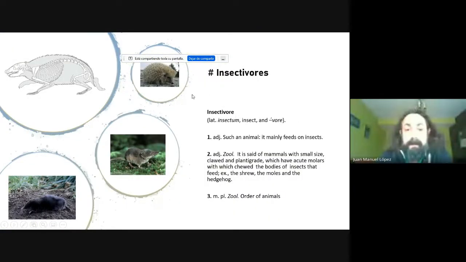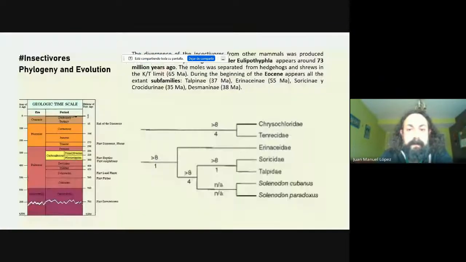This is the definition of insectivore, the Eulipotyphla: a small mammal with acute molar cusps that feeds on insects, and includes shrews, moles, and hedgehogs. This is the definition from the Dictionary of Zoology.